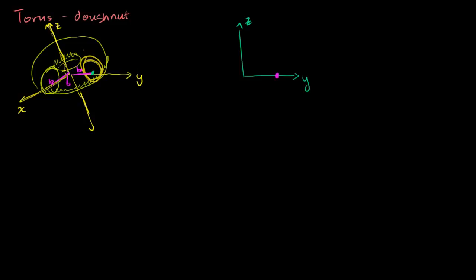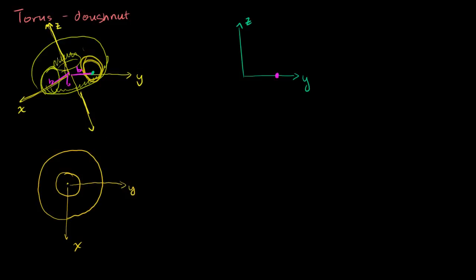If you imagine the top of the donut, let me draw the top of the donut. If you're looking down on a donut, it just looks something like that. The z-axis is just going to be popping straight out. The x-axis would come down like this, and then the y-axis would go to the right like that.